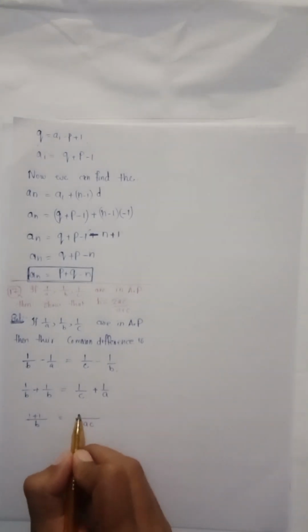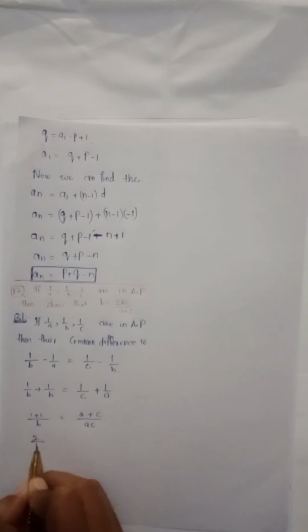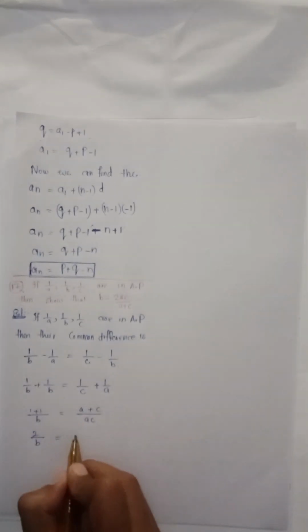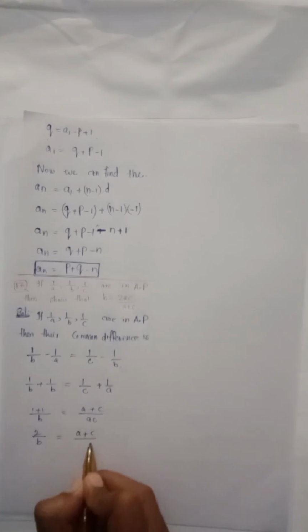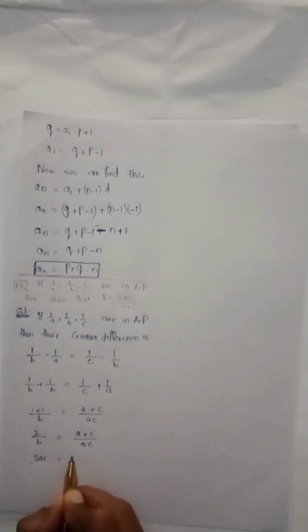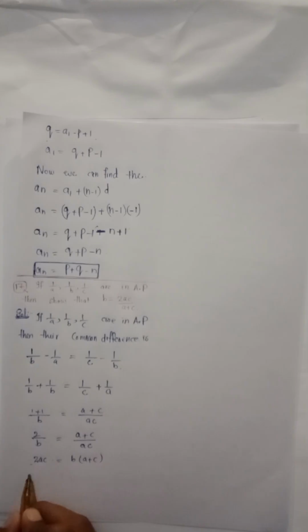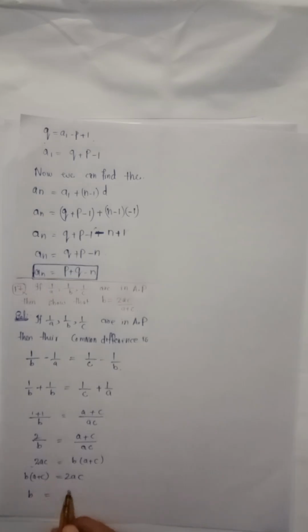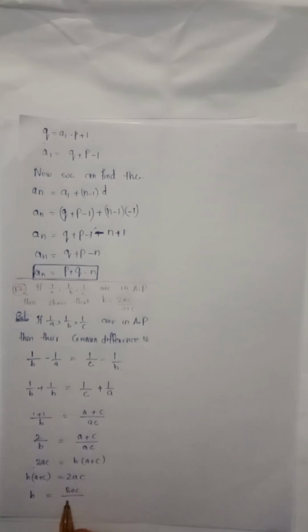And now by taking LCM, we see that (a plus c) times 2 over b equals (a plus c) over ac, and by cross multiplication we get 2ac equals b into (a plus c), or b into (a plus c) equals 2ac, and b equals 2ac over a plus c.